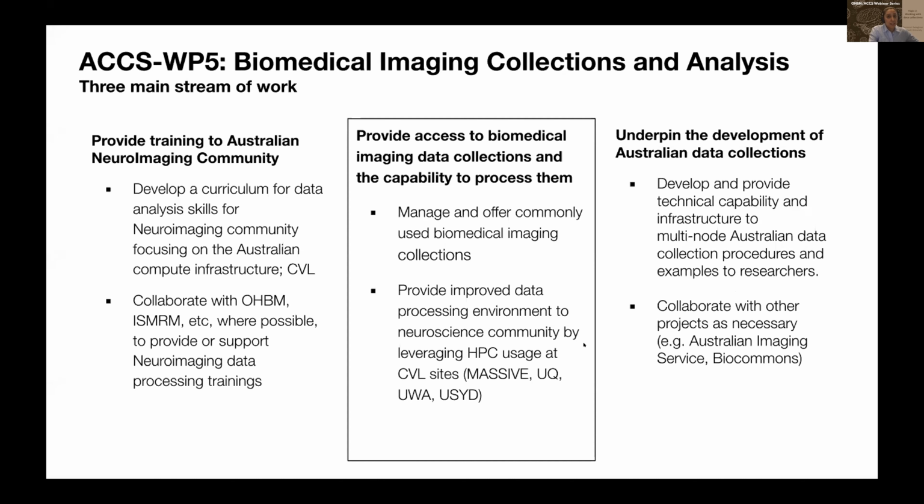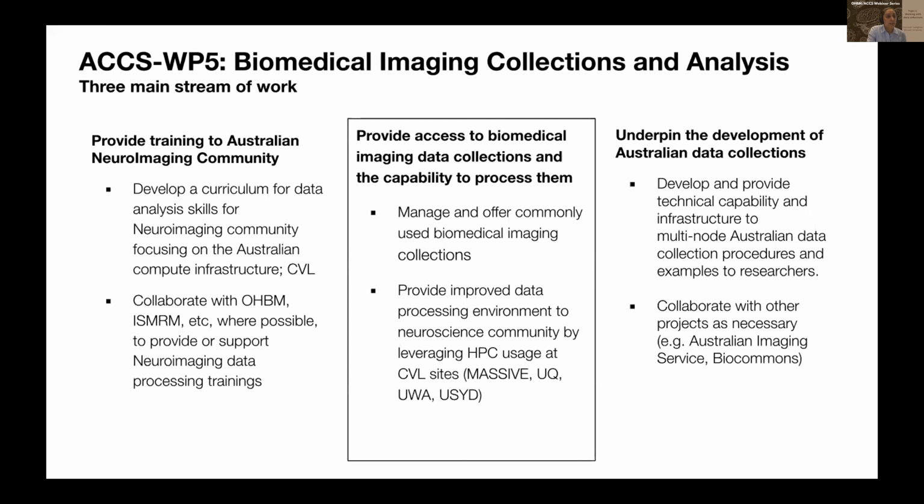Today's presentation is focused on the biomedical imaging data collections, and how we manage the data and how we offer the commonly used data collections. What are the data collections that are available on CVL sites, the characterization virtual laboratory sites at Massive, for you to have access and use for your research and process your data.